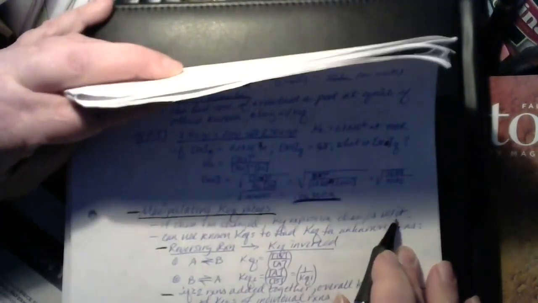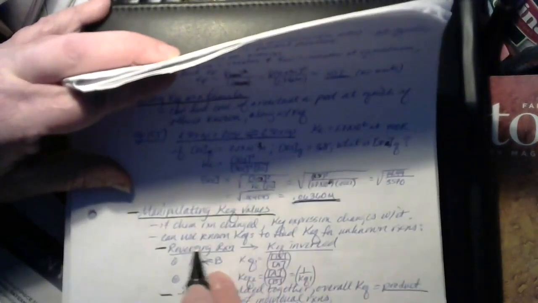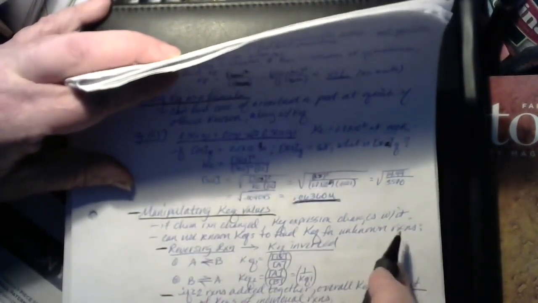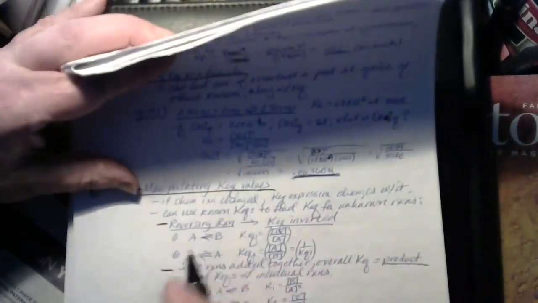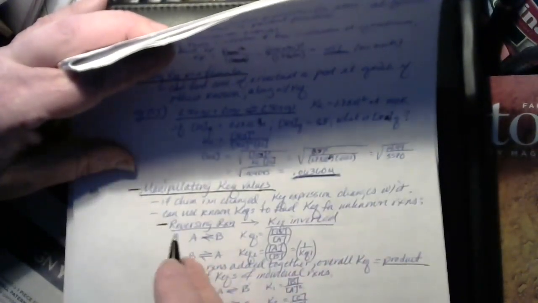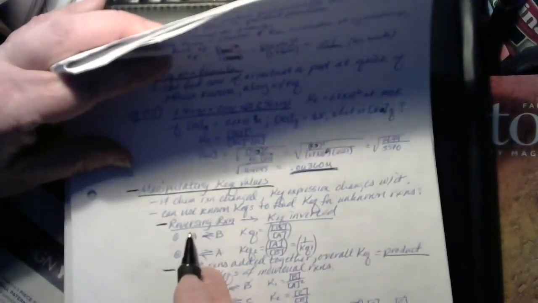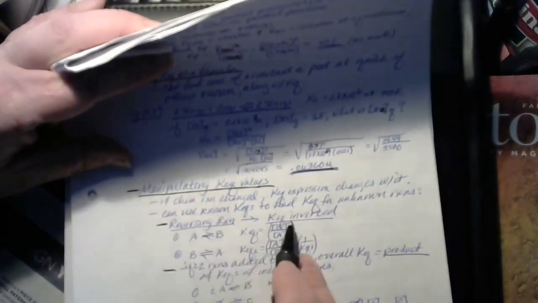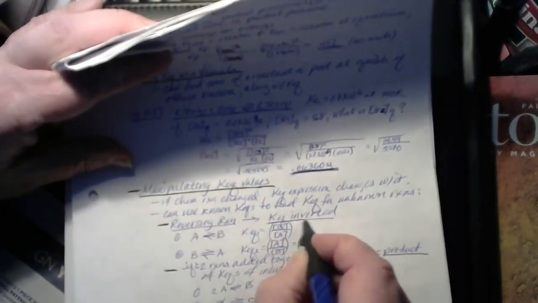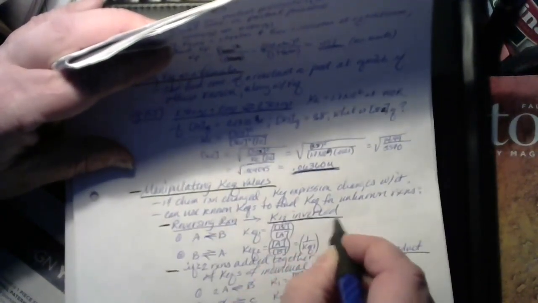And the value of Keq will change also. And so you can use known Keqs to find Keq for a reaction where you don't know it. And some of the examples of what you need to do if you're going to alter a reaction would be if you're reversing a reaction, then Keq is inverted. That is, you take 1 over the original Keq.